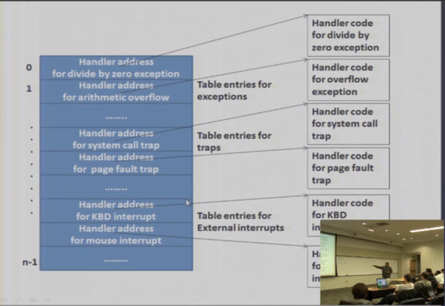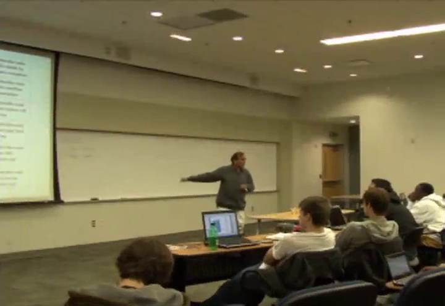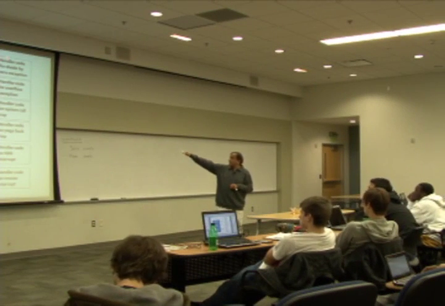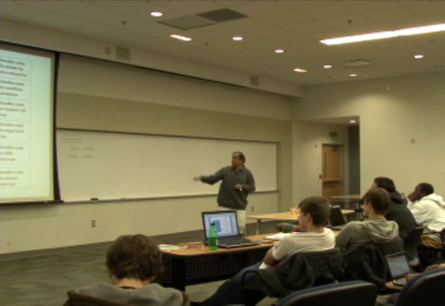So for instance, if the reason for the discontinuity is divide by 0, the number that I generate is 0, and when I come to this table, it contains the address of the handler in memory. So this is memory, and in memory I have handlers for all of these different kinds of discontinuities. So I go to this discontinuity handler if it's a divide by 0.